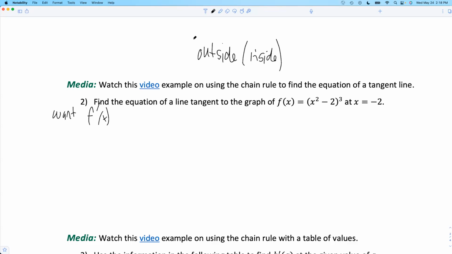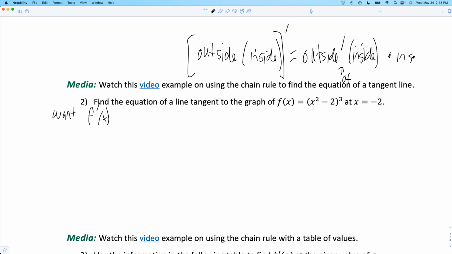You've got a function inside a function, and you're trying to take that guy's derivative. Then you take the derivative of the outside, leave the inside alone. This is not times. That right there is of. Then multiply by the derivative of the inside.